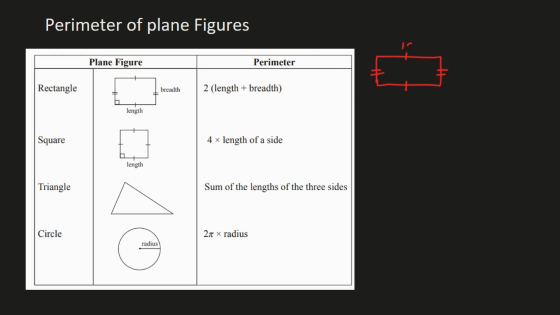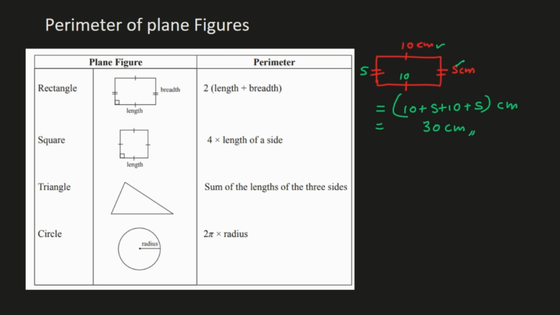If this is 10 centimeters and this is 5 centimeters, what do you know? The perimeter, or the total length of each side, can be calculated using 10 plus 5 plus, this is again 10, then 10 plus, this is again 5, and 5. We can put two brackets and put centimeters if needed. So what will be the answer there? The answer will be 30 centimeters.